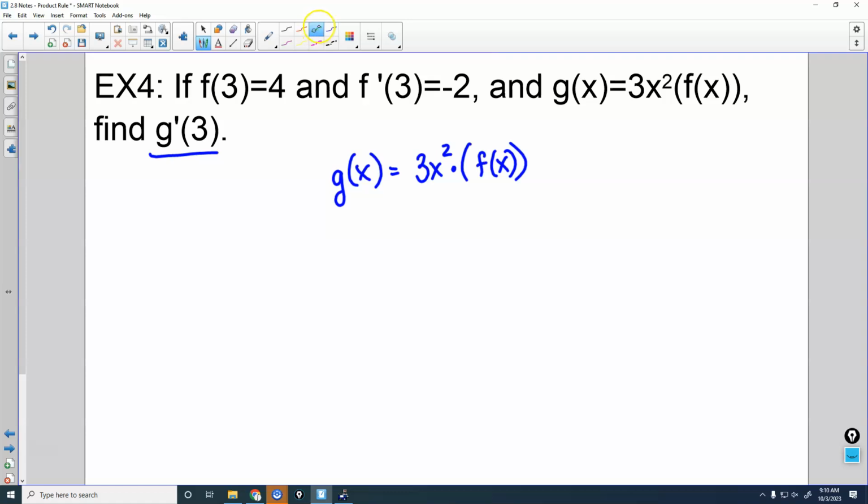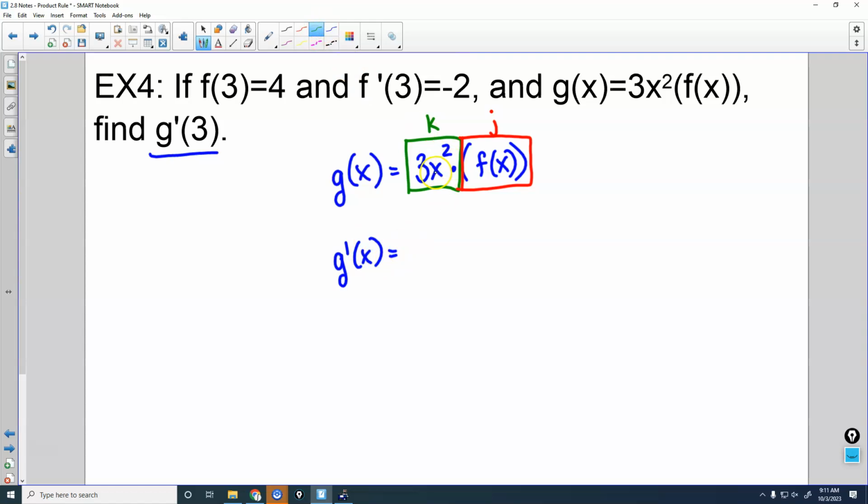So I'm not going to call these f and g like I did on the last ones, mostly because the letters f and g are already in the problem. So let's call this one K, and we'll call this one J, right? Or something like that.